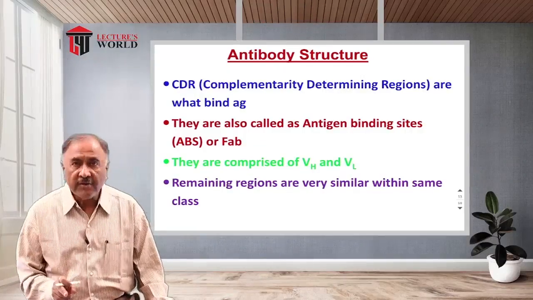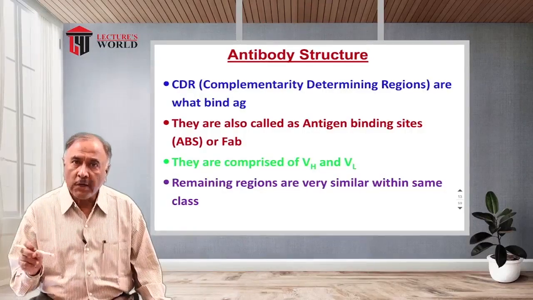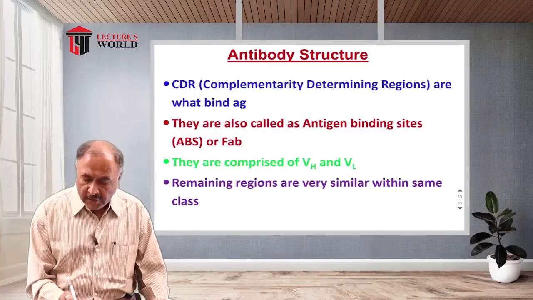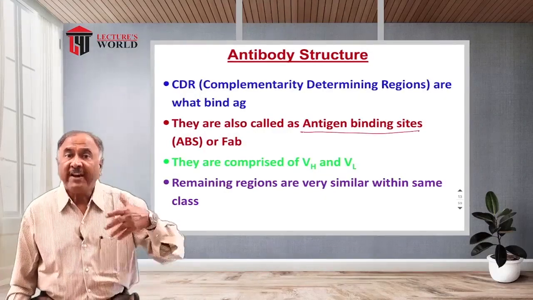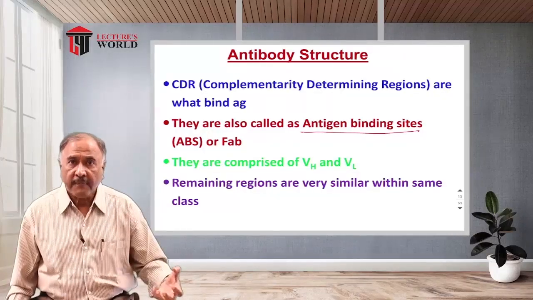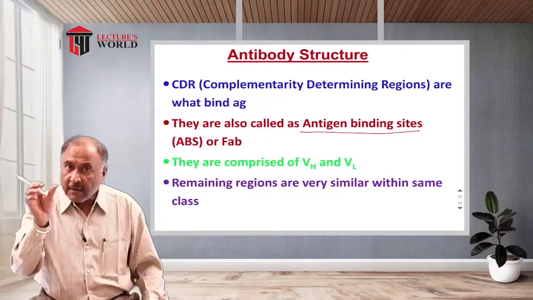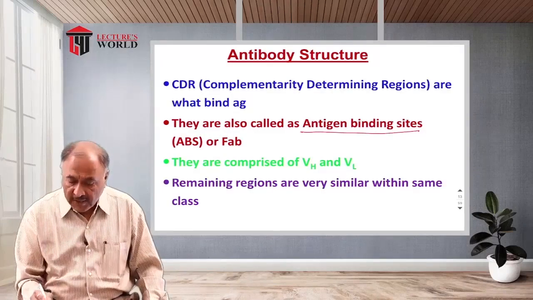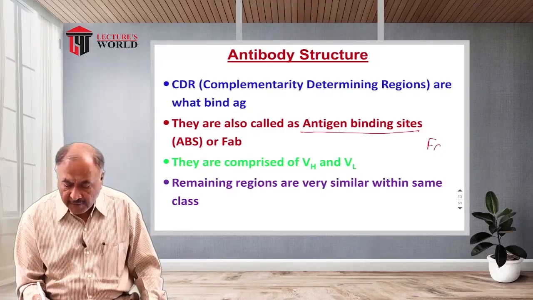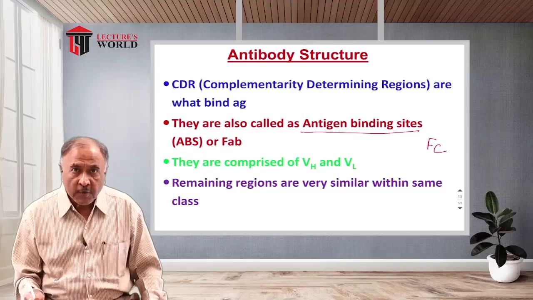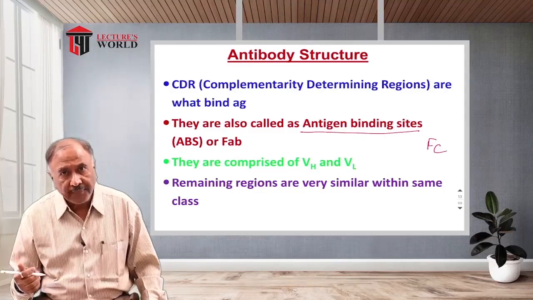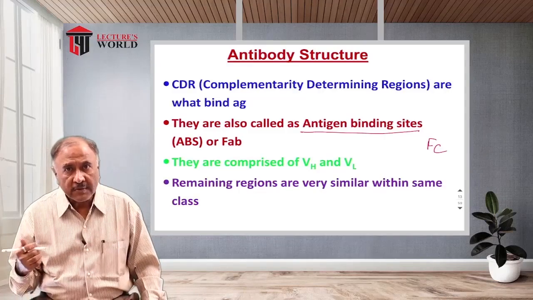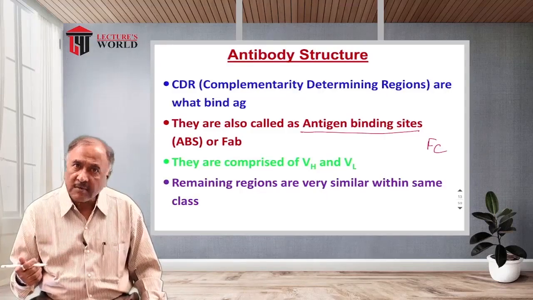And these CDR regions are also known as antigen binding sites, ABS, or fragment AB, like the other one which we will call the fragment FC, fragment constant, heavy constant 1, heavy constant 2, heavy constant 3.